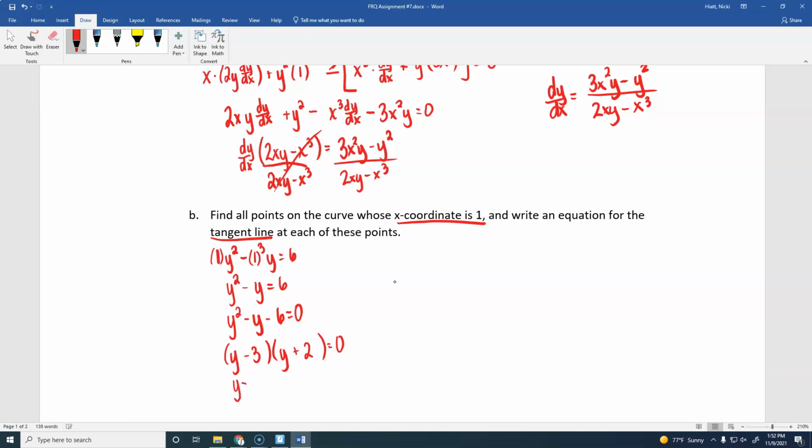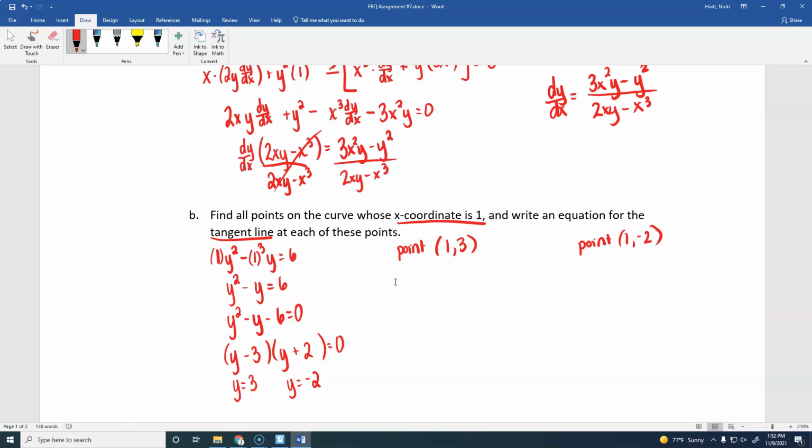So y equals 3 and y equals negative 2. So here's what's different about this problem. We've got 2 points because you got 2 y values. So one of your points is going to be (1, 3), and another point is going to be (1, negative 2).